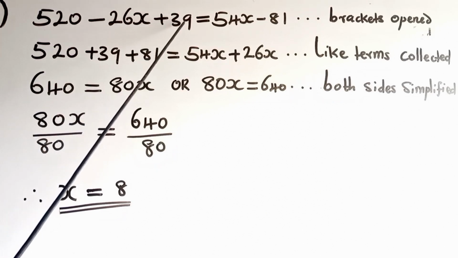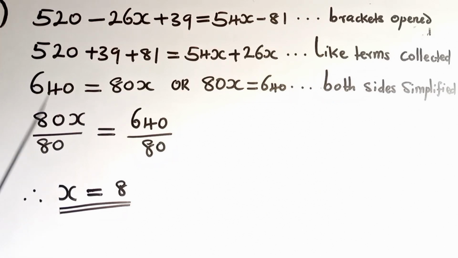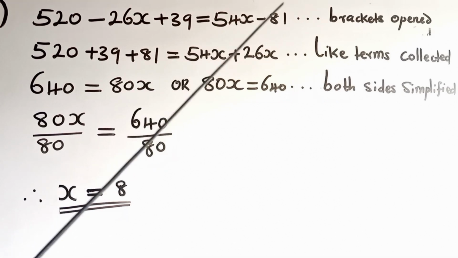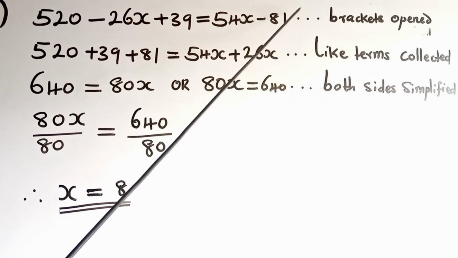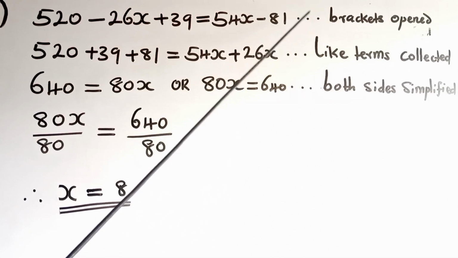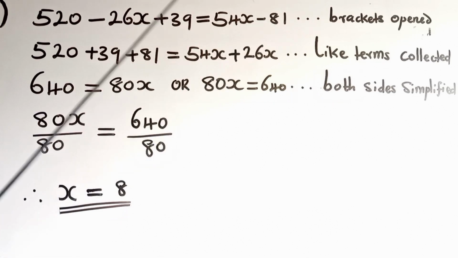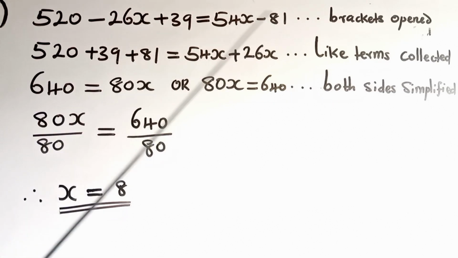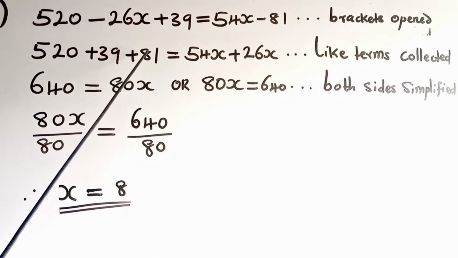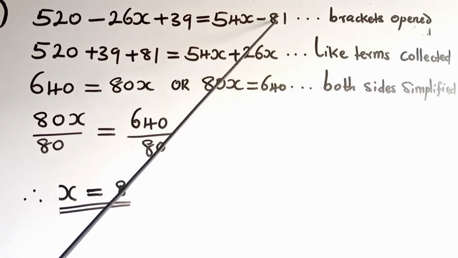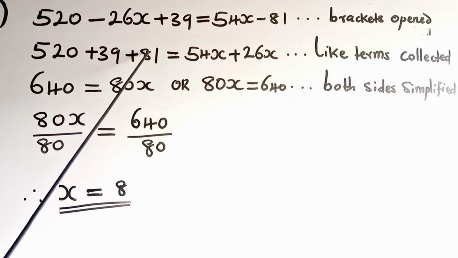It is just being brought nearer to this 520. But watch what will happen to 81. If you add plus 81 here, and it becomes 0, that same plus 81 must be added to the left-hand side. That is how this minus 81 became this plus 81 here, which means that it is as if minus 81 just jumped and came here.